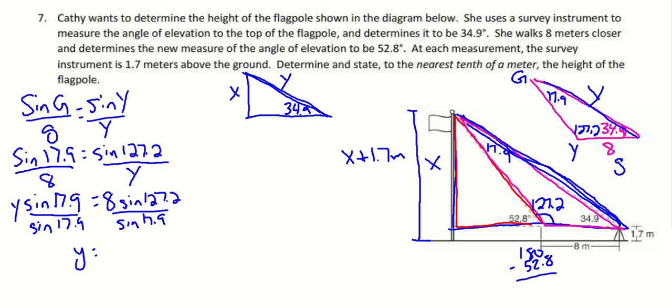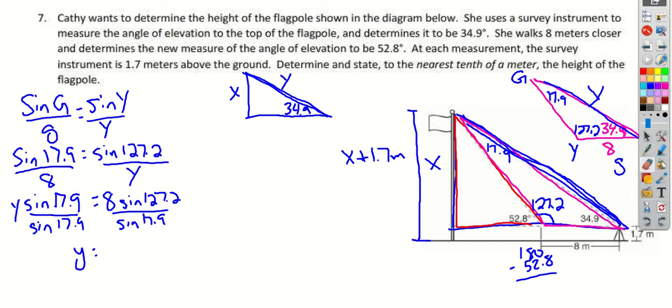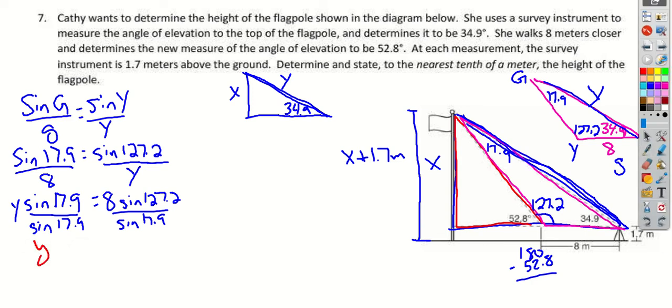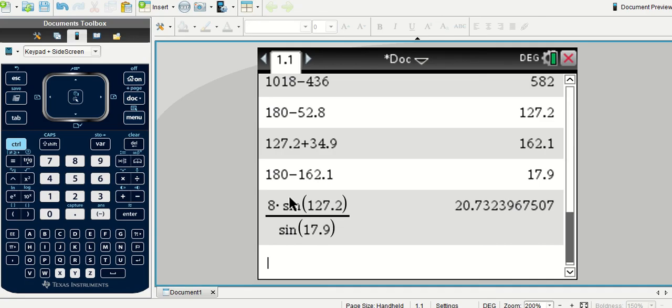I'm going to slide this over so we have some more room here. Y here, we're just going to move over. Ooh, it went red on us. Interesting.